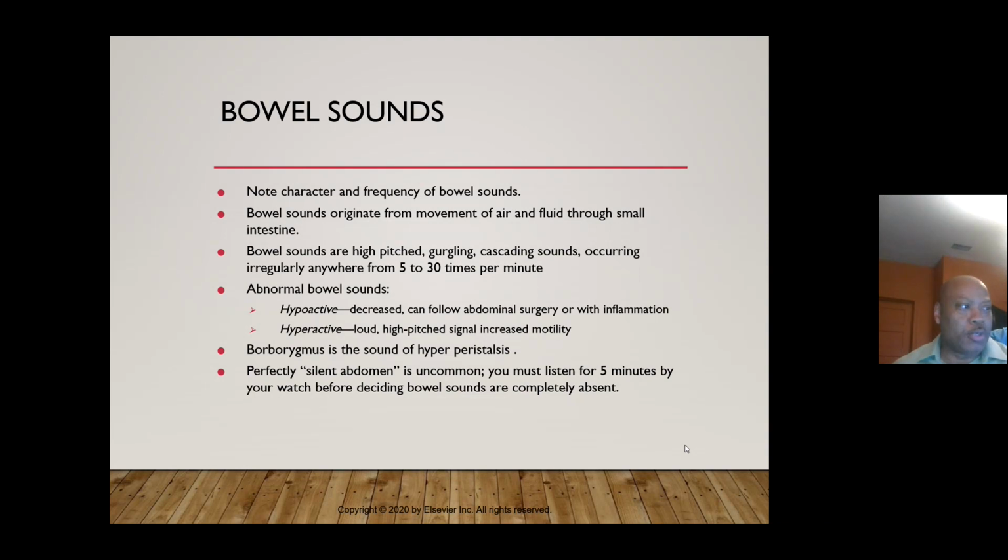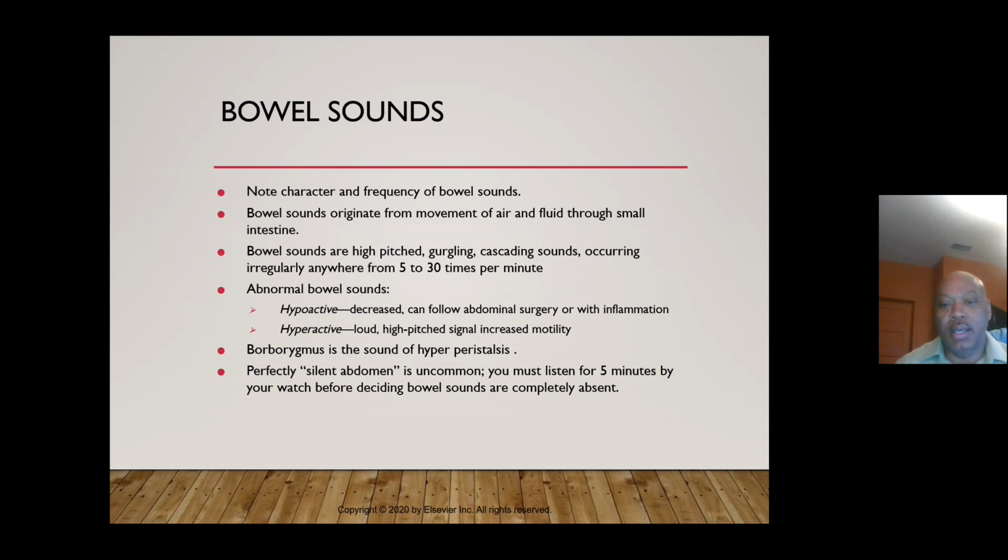There is another term that you all really have to know as well, called borborygmus. I think we also call it borborygmi. This is the term you'll also hear about when you come to complex health. This is one of the bowel sounds you hear in those patients who have dumping syndrome.